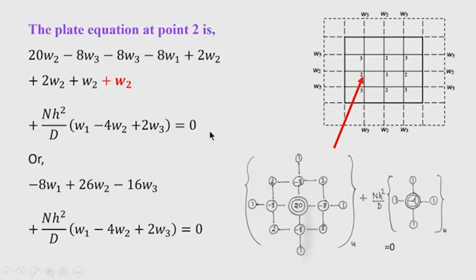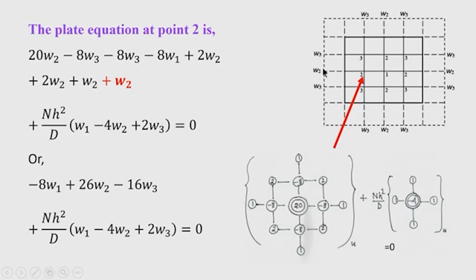Now, at point 2, if it is applied, then the question of one imaginary point comes, because if you place the stencil here, then one point, that is minus 8, is on the boundary, but this node will come here. So, one imaginary point is there.